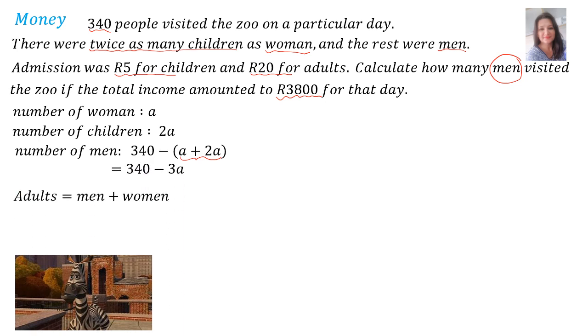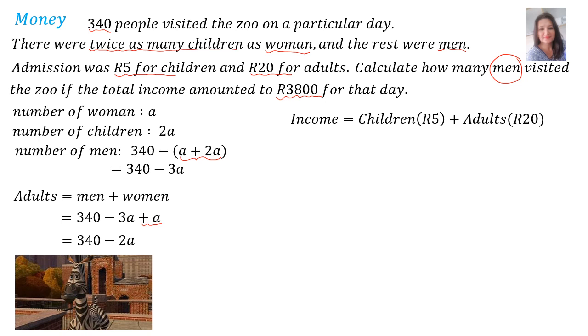Then we can say that the adults were men plus women. The men was 340 minus 3A, and the women was A. Therefore, the adults will be 340 minus 2A.